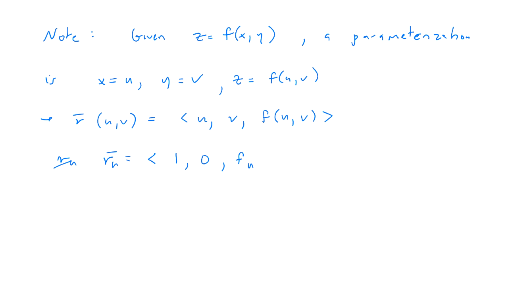And the third one is just whatever the derivative of f is with respect to u. And then the derivative with respect to v. Derivative of u is 0. Derivative of v is 1. And the derivative of f with respect to v.